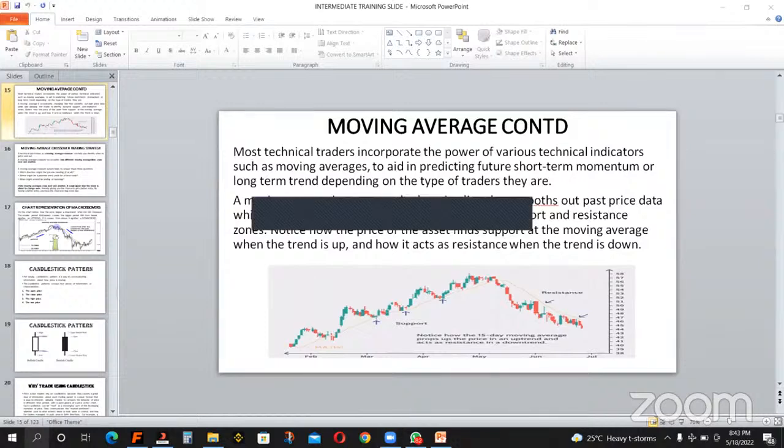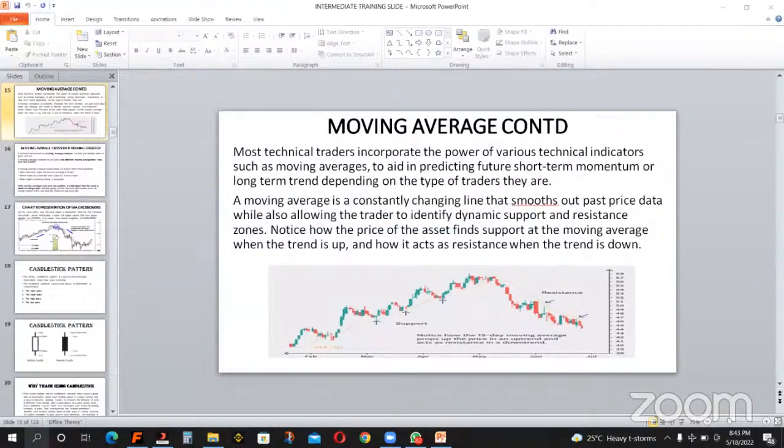Now, if you are using moving average and price is above a particular moving average which you have plotted, it means that price is increasing. Let me give an example. I usually give examples with vehicles.